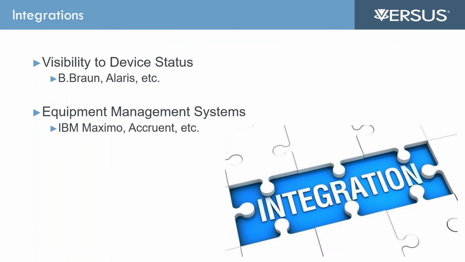And I've touched on this just briefly, and this is what I call my value add section here. And it's such that integrating with other systems can provide a lot of value. Specifically, I touched on that device status, knowing if something's in use.